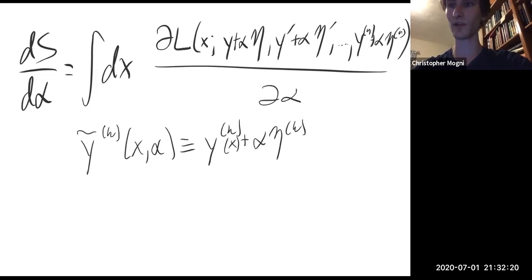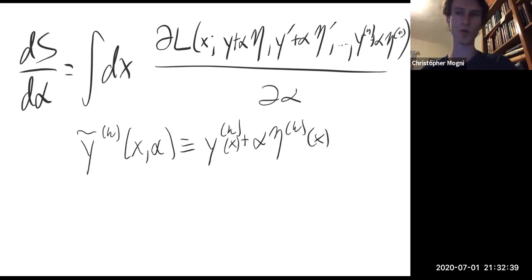Both of these are functions of x only. So the alpha dependence only shows up in front of there. If you notice, this is what's showing up as the argument, or an argument whose derivatives we take, in the integrand for S.